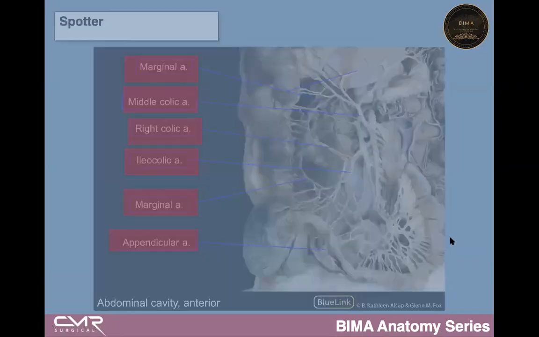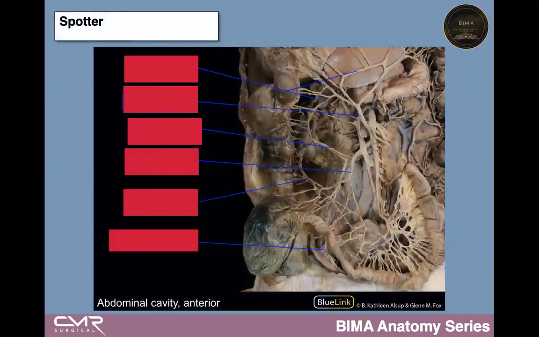Right, so another bit of spotting. Can you guys work through this? This will be our last spotter, I think. Can you please work all the way from the top to the bottom?